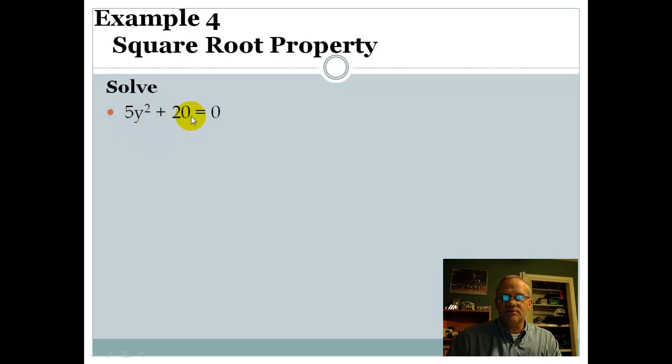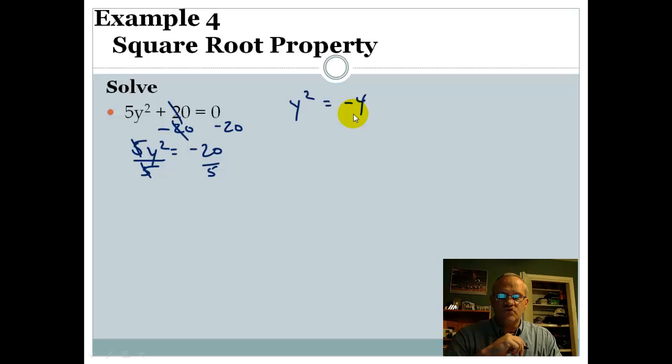So that means let's get rid of this 20, minus 20. So I have 5y squared equals a negative 20, and divide by 5, just like we would have done before. So what I have now is y squared equals a negative 4. 20 divided by 5 is 4.